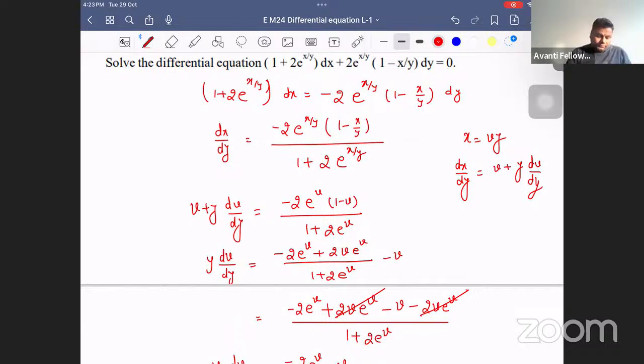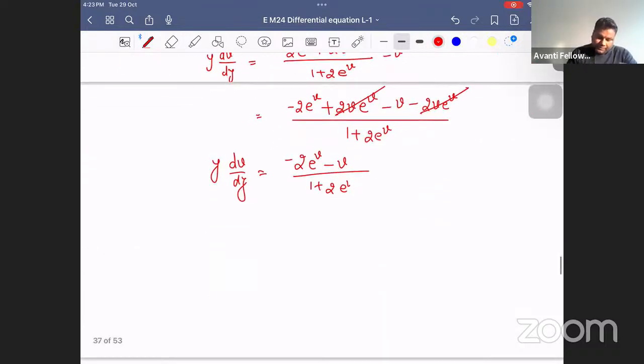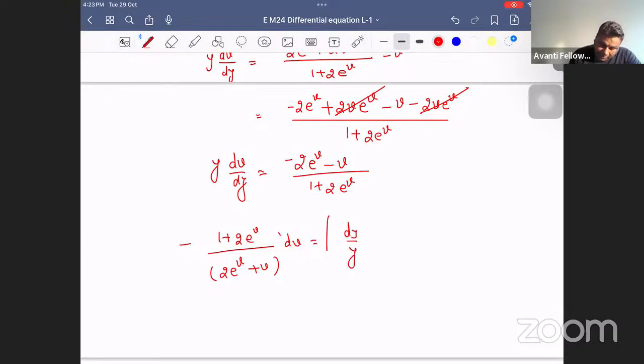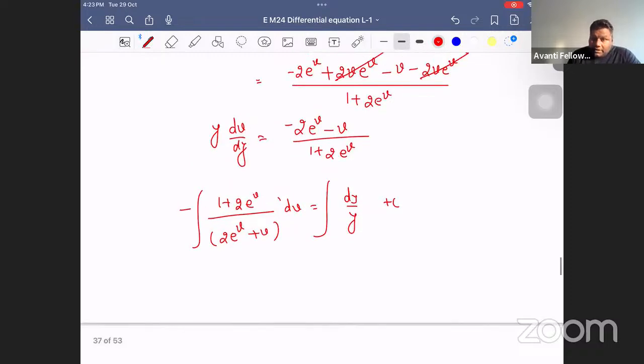Now we got this. Now use variable separable. So (1 + 2e^v) upon, taking minus common, (2e^v + v) dv is dy/y. Now integrate both sides. In the left side, you see the derivative of the denominator is there in the numerator.